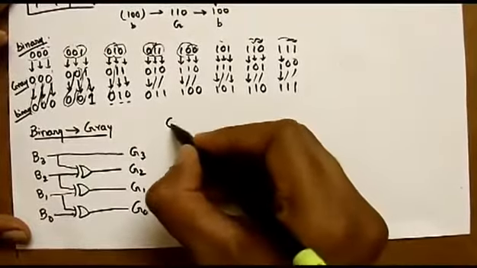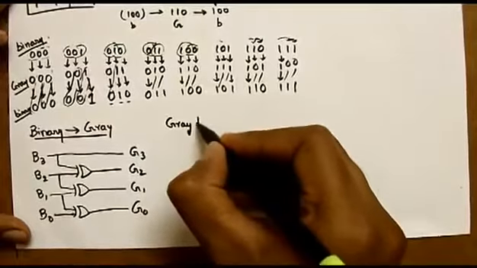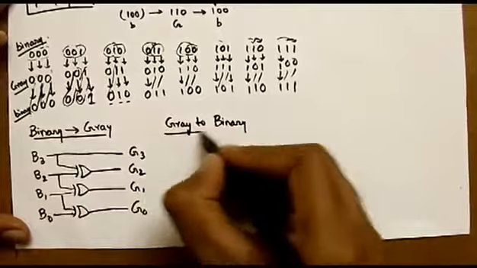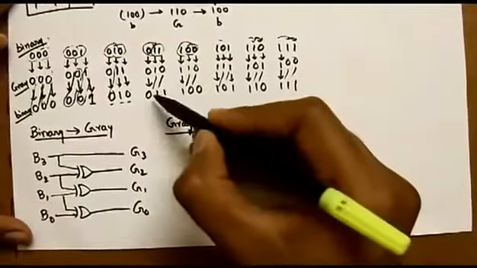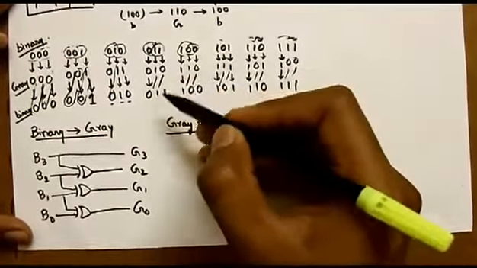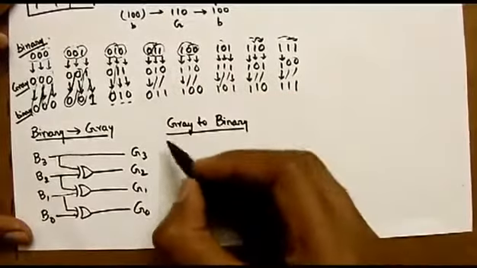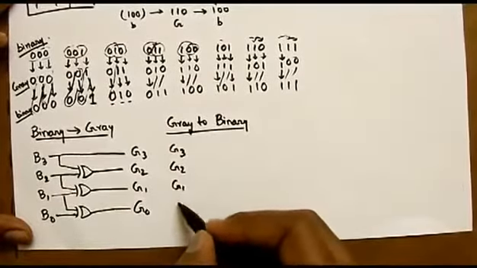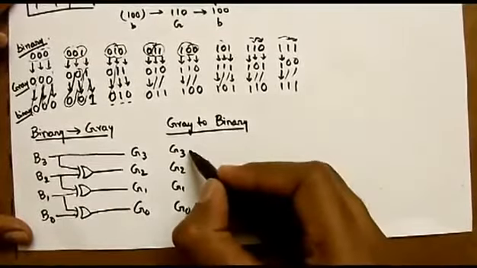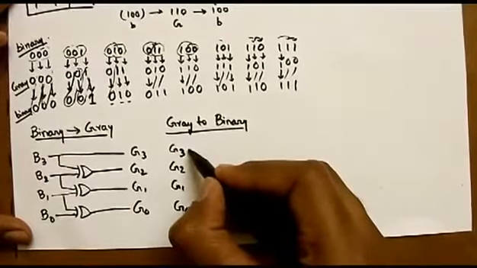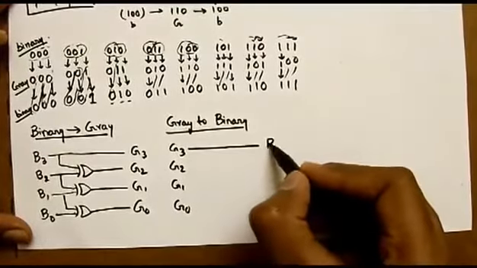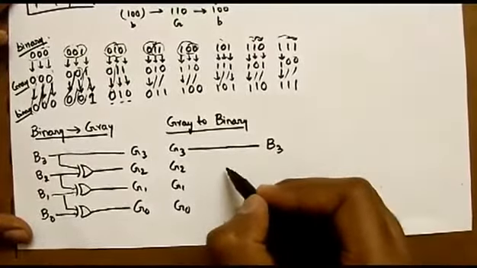And if we have to convert gray to binary, then we will have to, as I said, XOR diagonally, right? Anyway, I will take 4 bits again. See, remember the rule. MSB is always the same for both gray and binary.